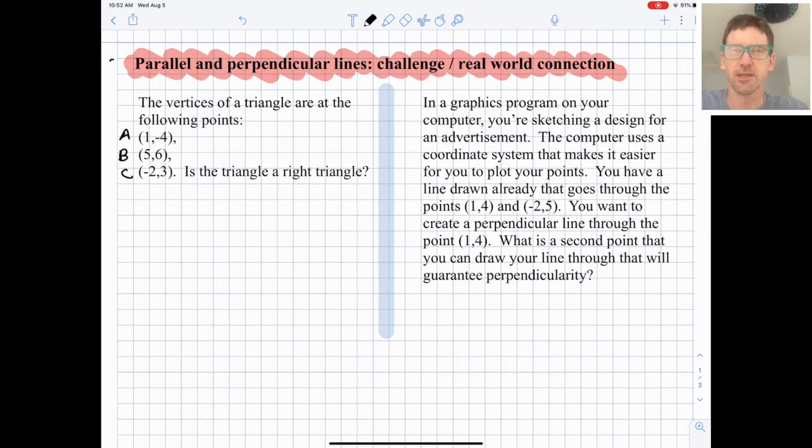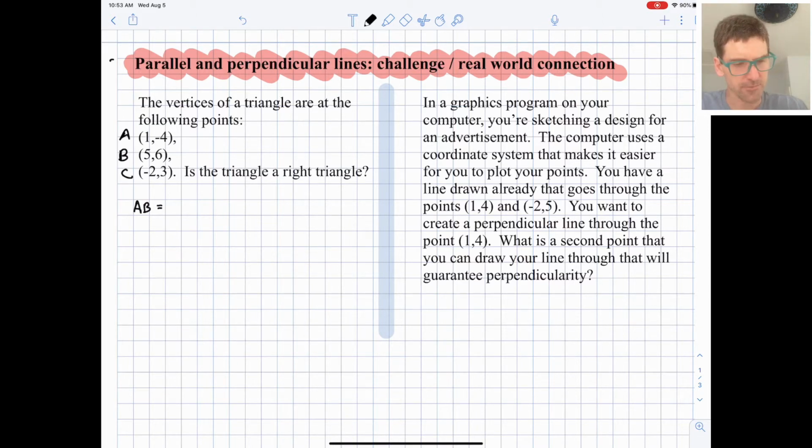We might get lucky, and the first 2 slopes might end up being negative reciprocals of each other, and then we can end. But we'll probably need to find all 3 slopes. So let's find AB first. The challenge becomes staying organized and keeping track of the slopes for the different combinations of points.